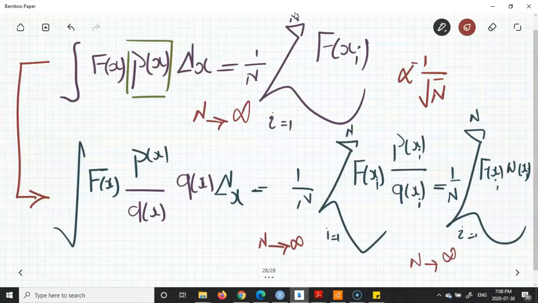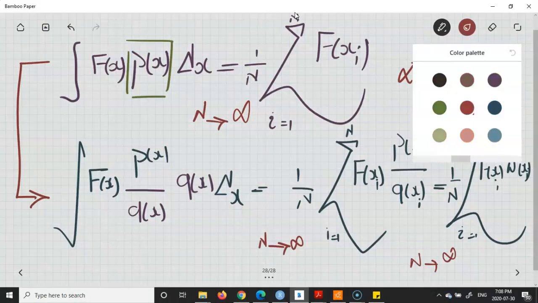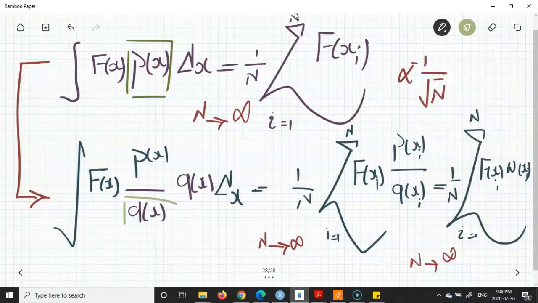As a result, we can say that we have converged this integral with this proposal distribution, provided that this distribution does not have an infinite variance.